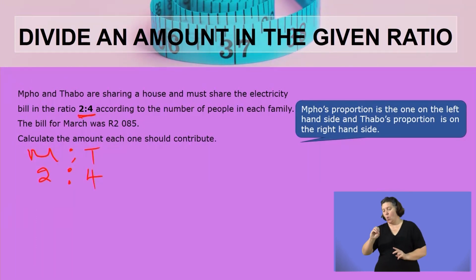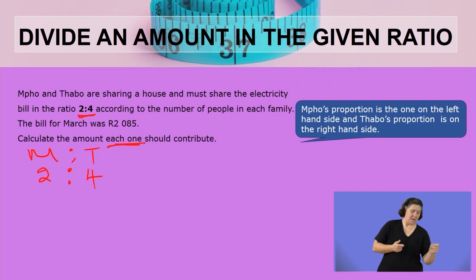So the ratio is 2:4. The bill for March was 2,085. Calculate the amount each one should contribute.